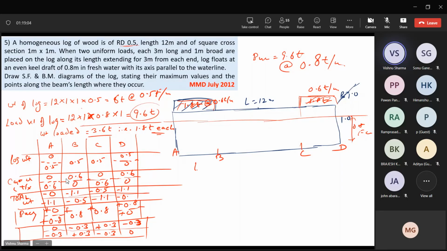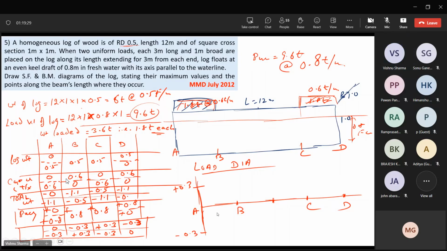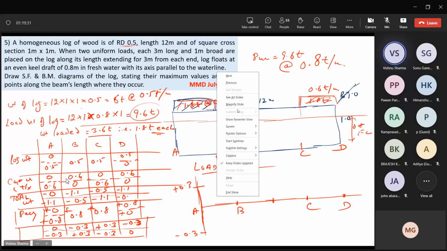The load diagram, I'll just draw quickly and leave it for you to complete, and you'll see the load diagram shape is exactly like the one we started off with today. A, B, we have not marked this point, then here is C, and here is D. It's plus 0.3 and minus 0.3.